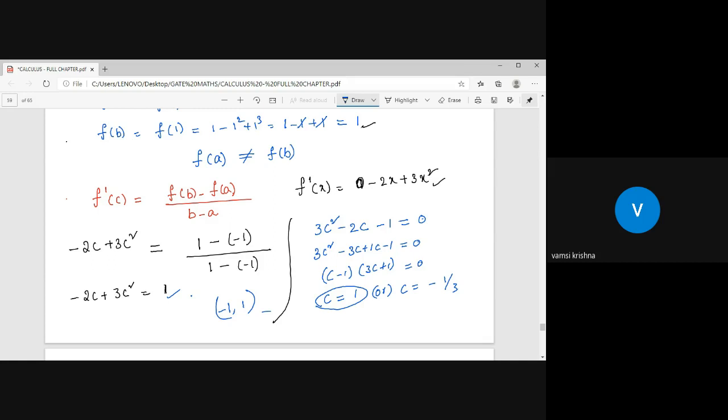So c equal to 1 is not allowed. But you can take c equal to minus 1 by 3. This is okay, fine. So c should belong to the interval minus 1 comma 1. So c must be equal to minus 1 by 3. It cannot be equal to plus 1.